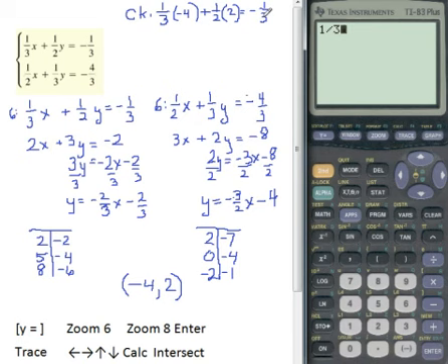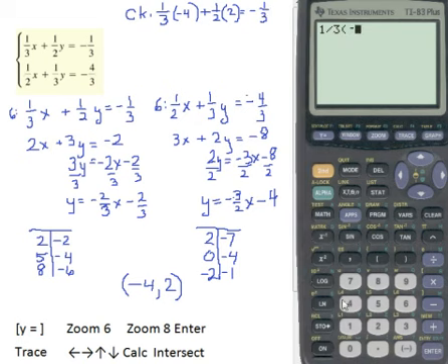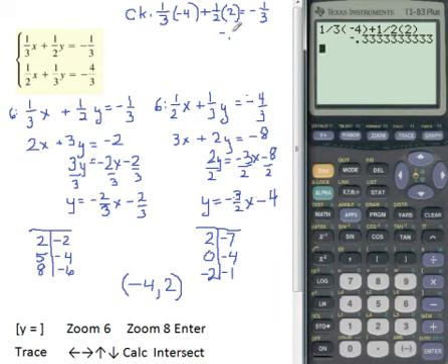So on the calculator we do 1/3, open parentheses, negative 4, close parentheses, plus 1/2, 1 divided by 2, times 2, close parentheses, enter. We get negative 0.3333. We just write that right there: negative 0.3 with a bar over it.